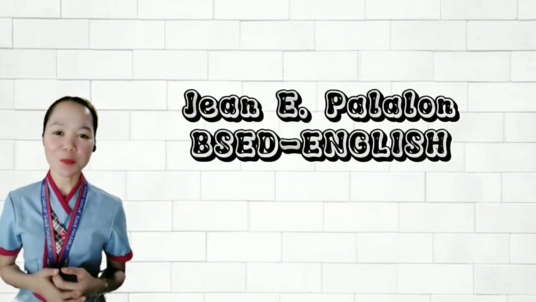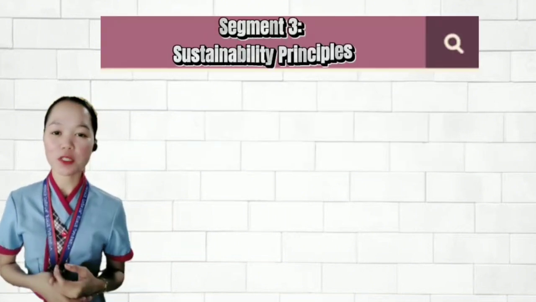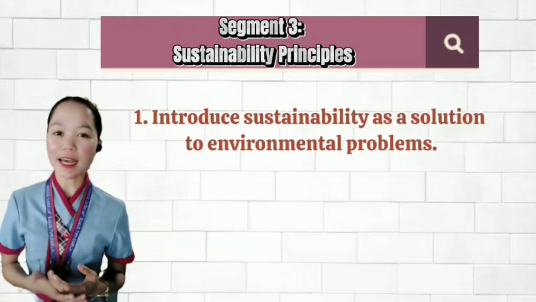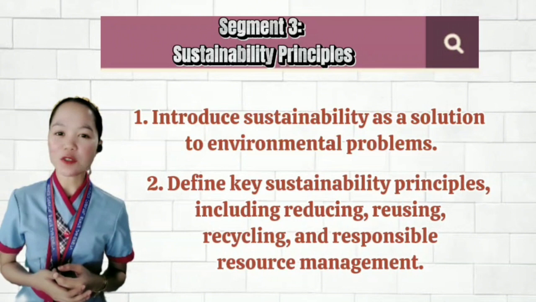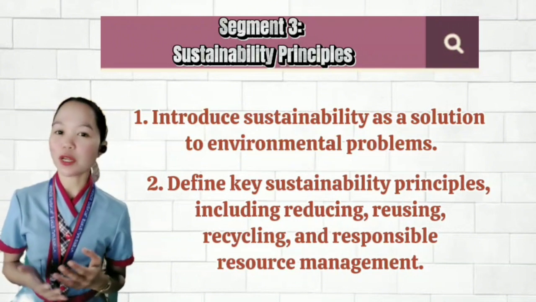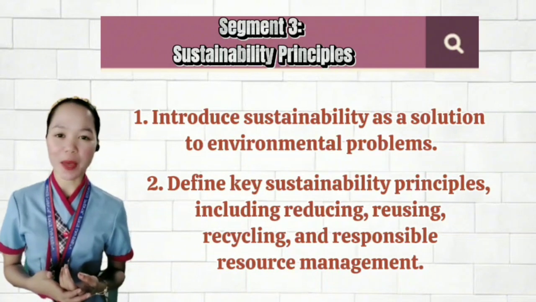So now, let us proceed to segments 3 and 4. For segment 3, sustainability principles: number 1, introduce sustainability as a solution to environmental problems, and number 2, define key sustainability principles including reducing, reusing, recycling, and responsible resource management.